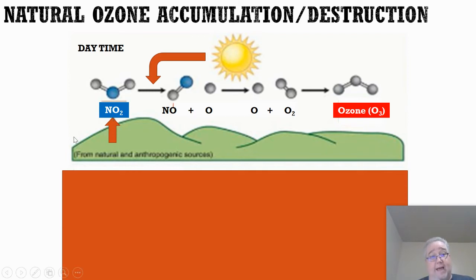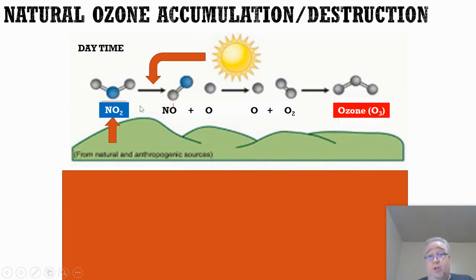During the daytime, there's a tremendous amount of this NO2 that gets produced. There are some natural things that could cause that as well, but the anthropogenic thing is automobile emissions. So a ton of that goes up into the air.